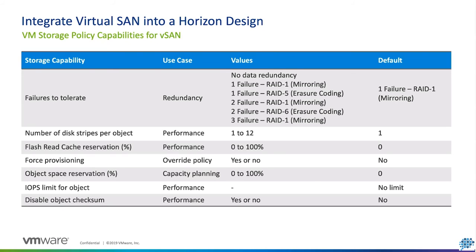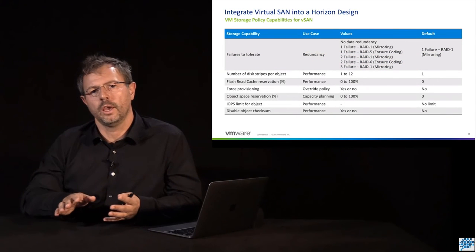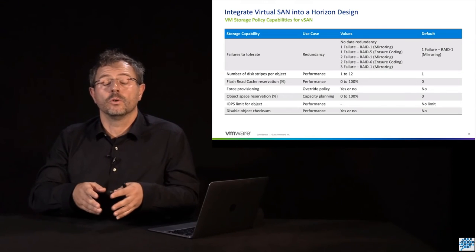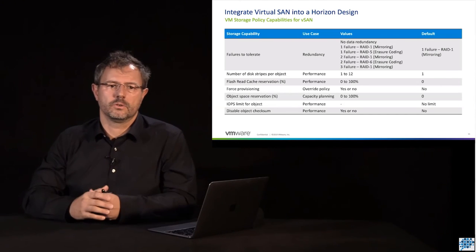And you can also see the number of disk stripes per object, which values you can set in the rules of your storage policy, right? So all of these rules come together and tell the vSAN code how to behave, how to place, and how to copy the data, or better to say, how to spread the data out throughout your vSAN cluster.